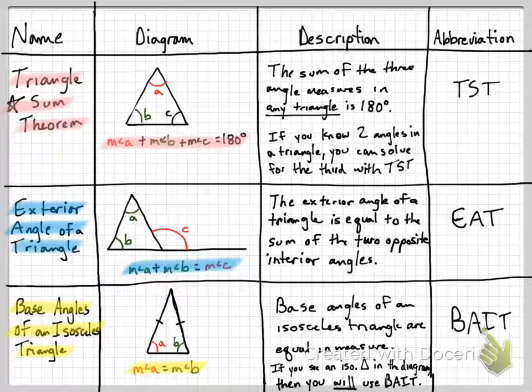So I'm going to underline that. Of course, I don't have enough room here, but like I said, the flip side is also true. If it's not there, then don't even look to use base angles if there's not an isosceles triangle around. If you see an isosceles triangle in the diagram, then you will use base angles of an isosceles triangle.